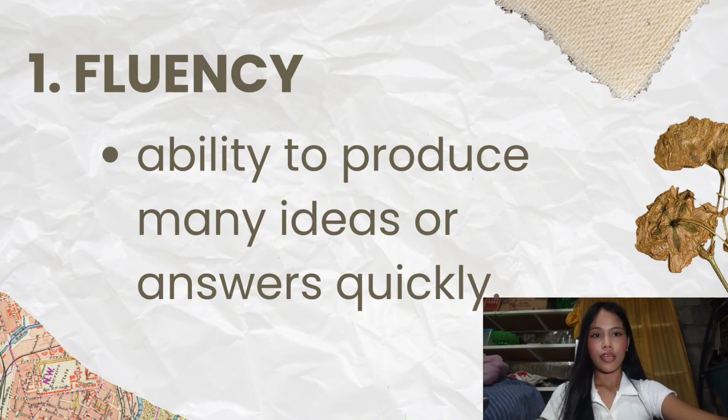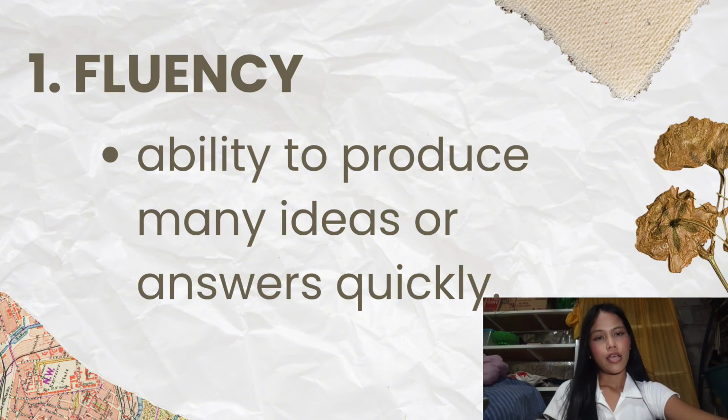Fluency is the ability of a person or a student to think of many ideas and answers quickly. In a classroom setting, we can see that students are fluent when they can give different possible answers during brainstorming, recitation, or group discussions.